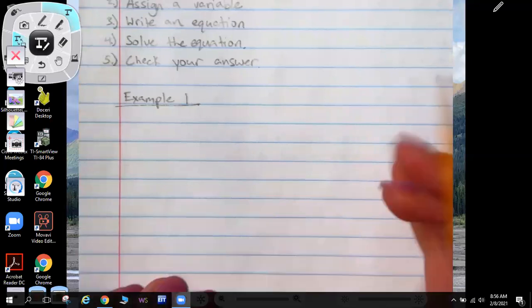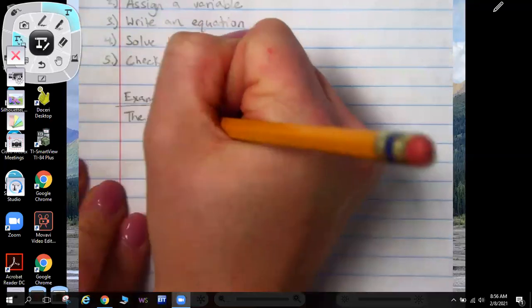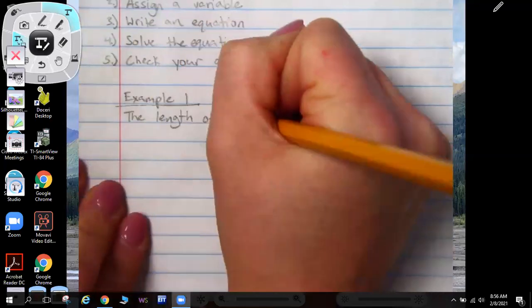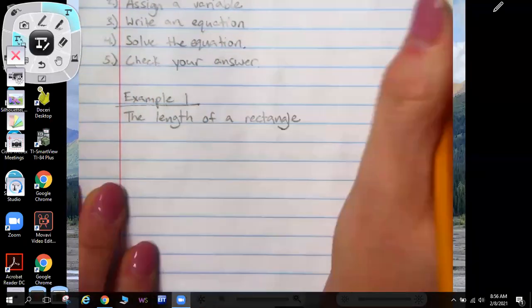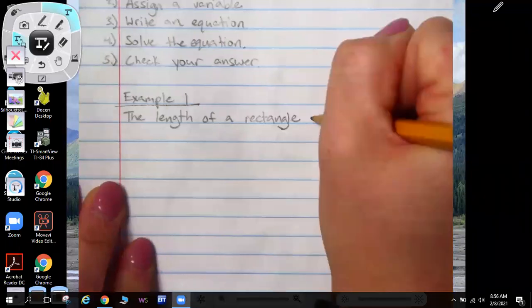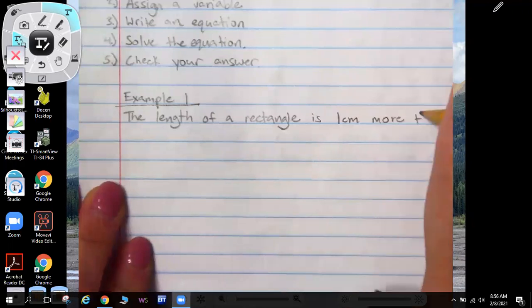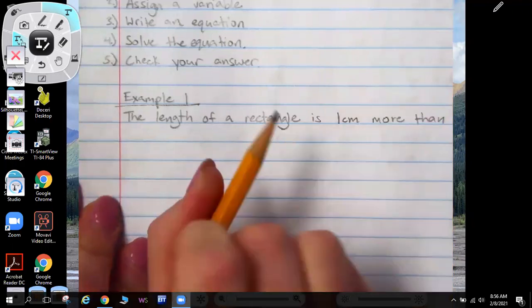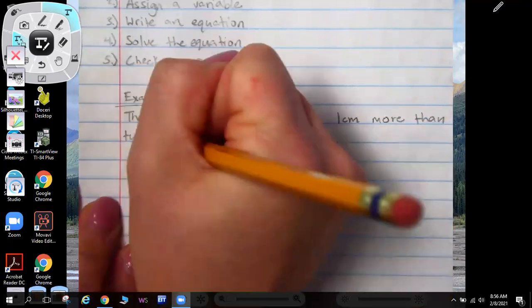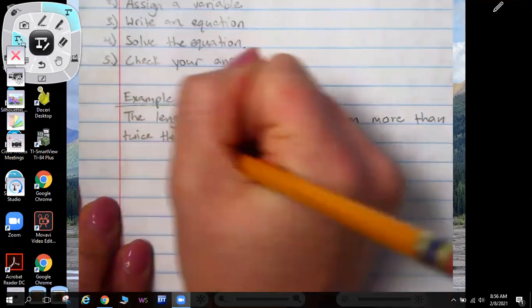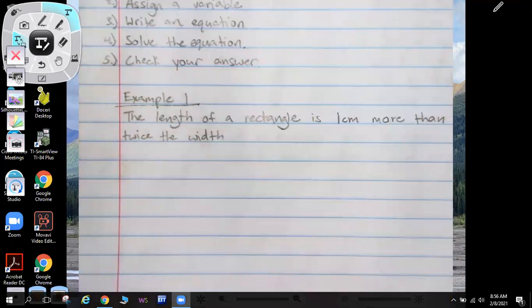The length of a rectangle is 1 centimeter more than twice the width.